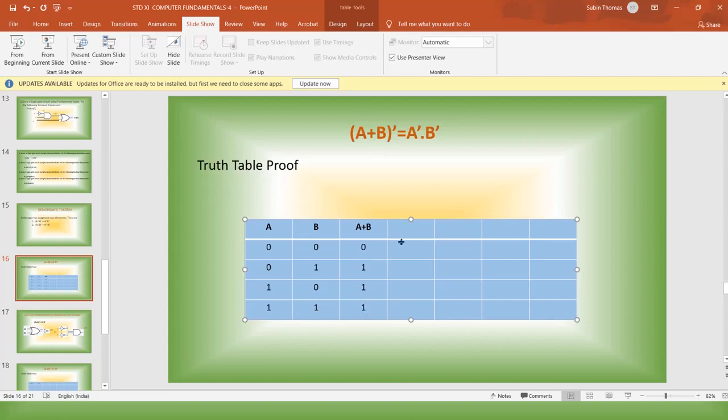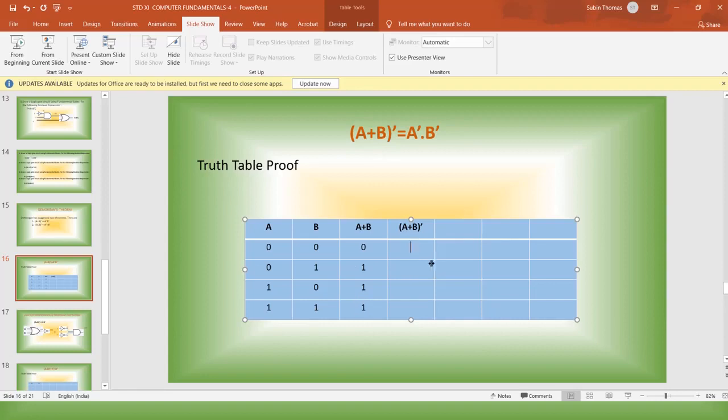And the next part in the LHS is (A plus B) the whole complement. Complement, you can write it this way, or you can use the other symbol also. Now, A plus B you already calculated. This is the A plus B column. Its complement is its negated value. Whatever the input, its opposite will be the output.